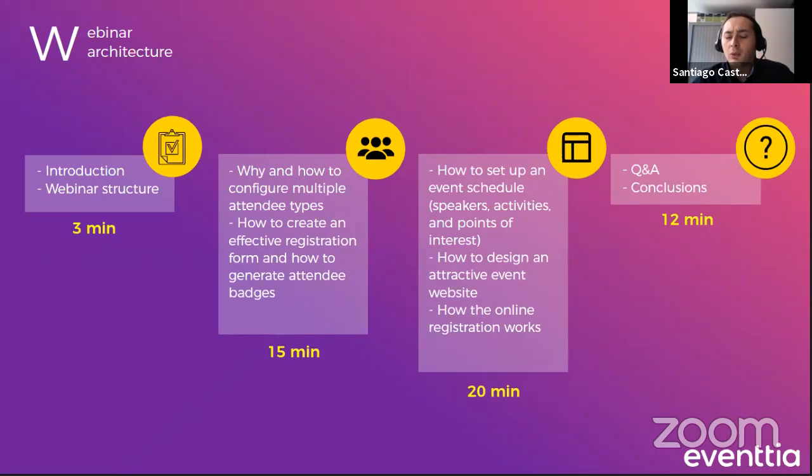And then we're going to have some time for Q&A, so you can ask any questions that you have. Remember that you can ask the questions through the Q&A space or through the chat. And then we're going to make some conclusions about all of this process. So brace yourself and be ready to learn about Eventtia.